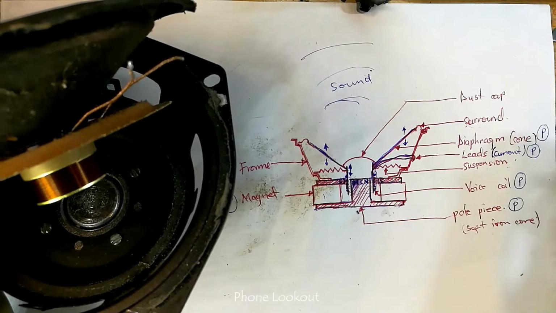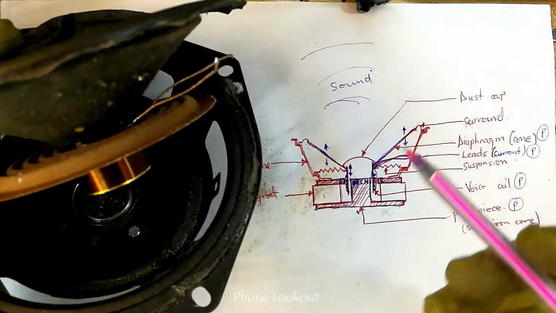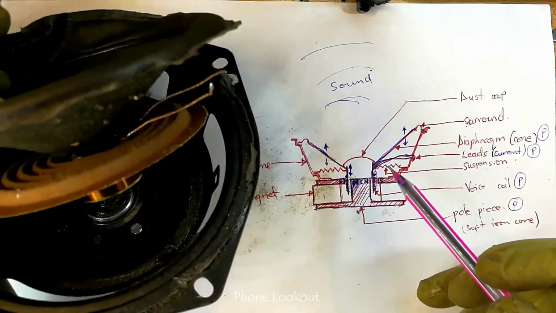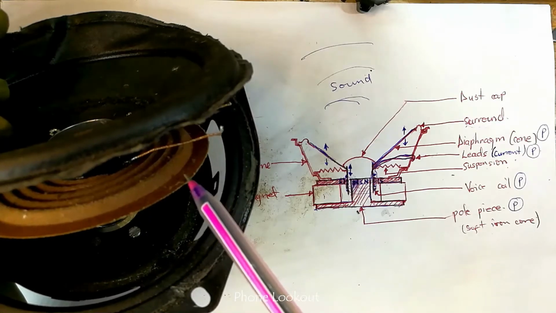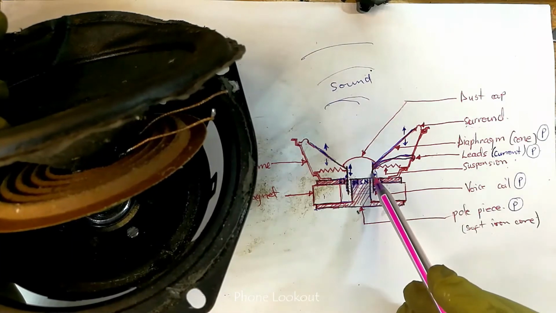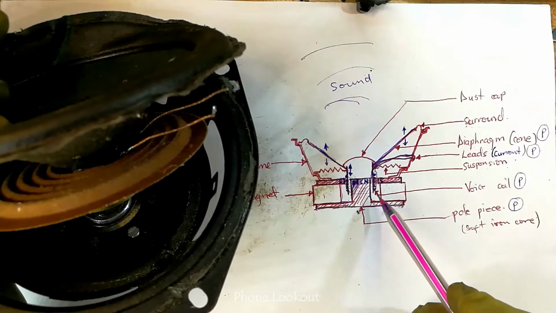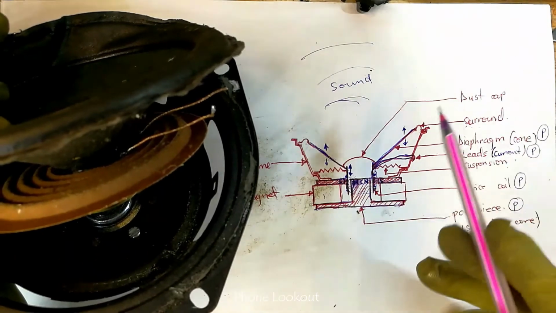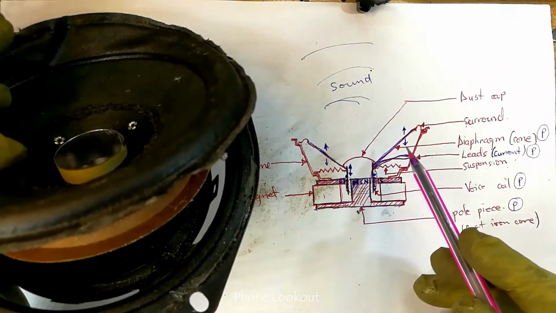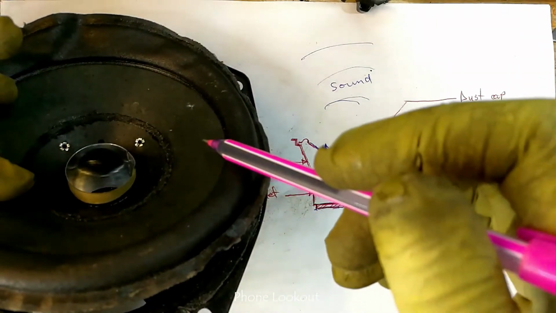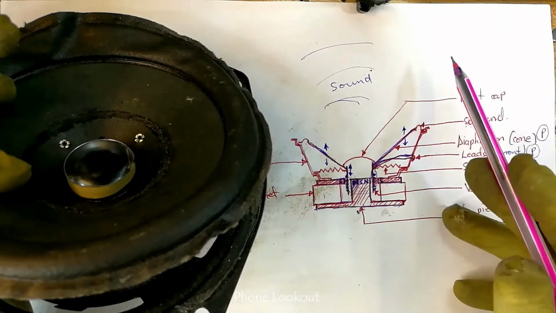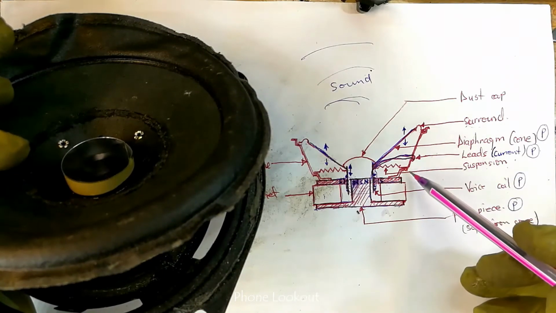Now the secondary components are the other ones that help enhance efficiency. That is the suspension right there, to keep the coil suspended so it doesn't touch down or fly out. Then we have the surround, which helps keep the cone from flying out or dropping inward.